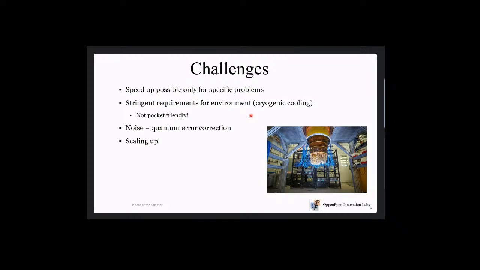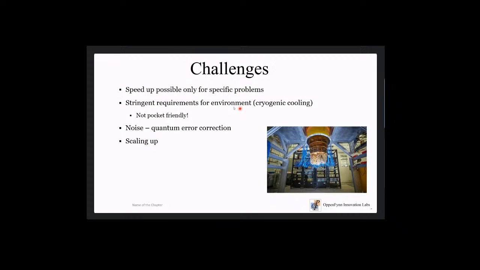Some of these are stringent requirements for the environment. And I think it's very intuitive. When you have an electron, it's very easy to imagine how easy it is to disturb a single electron. Any temperature fluctuations, and there is enough energy for the electron to jump from one level to the other. So what is typically done is you reduce the energy and make sure that the electron is not having random fluctuations.